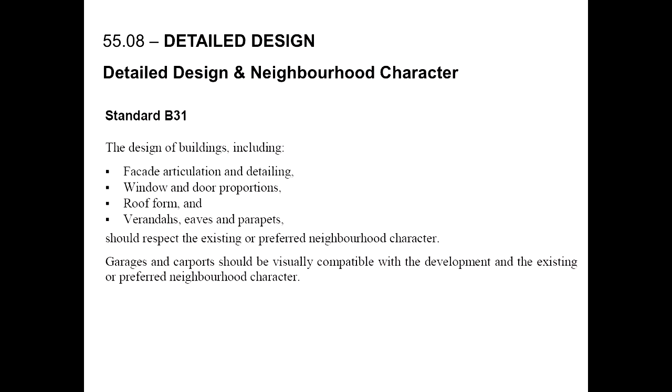And then we go into design and neighbourhood character. Basically, do they fit in? And some of the key things, we've got about 5 minutes and then we'll finish. Does the facade, how it's articulated, windows and doors, roofs, does it fit in with the area? It doesn't have to mimic, but it has to find some key elements that fit in.